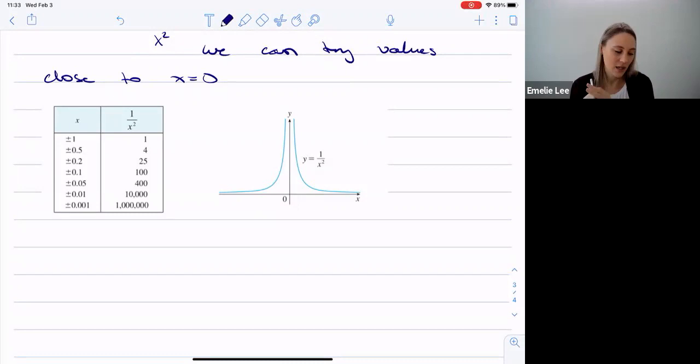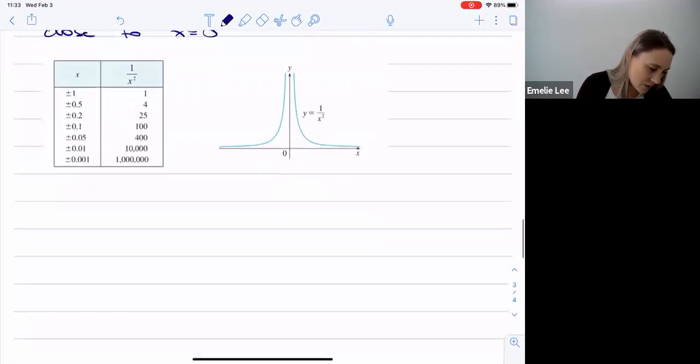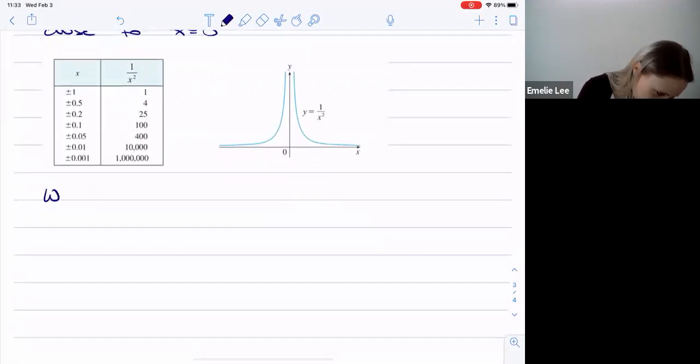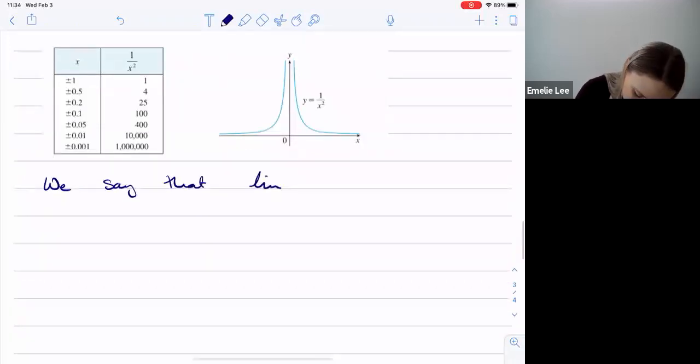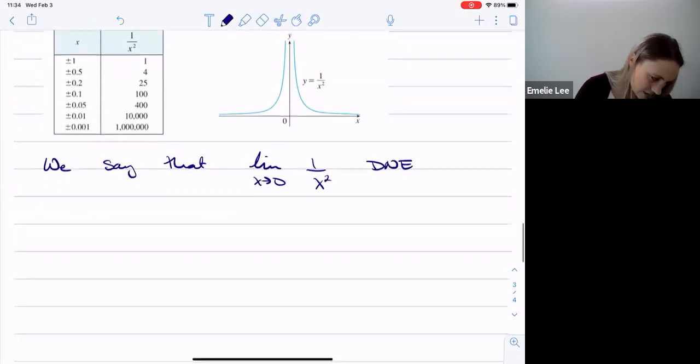So it's technically correct to just say the limit does not exist, but you need to tell me how it doesn't exist. Okay. So we say that the limit as x goes to 0 of 1 over x squared does not exist.